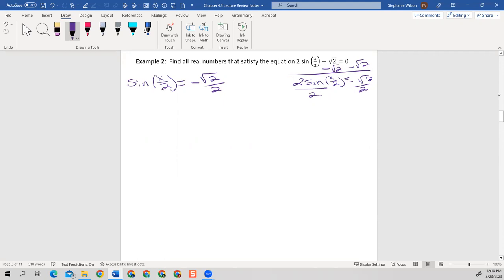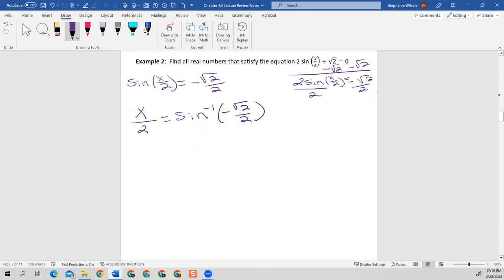However, we need to figure out what s is when we solve for the inverse. So let's do sine inverse, and make sure we're in radians. So I'm going to check to make sure I'm in radians. Negative square root of 2 over 2.